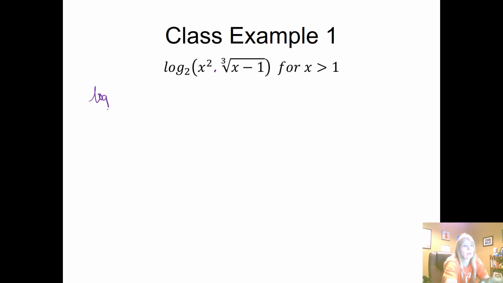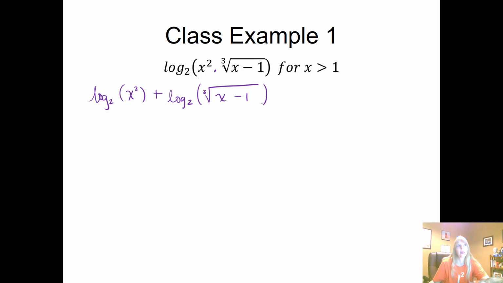So log base 2 of x squared plus log base 2 of the cube root of x minus 1. So that's the first step, to separate the multiplication as addition.